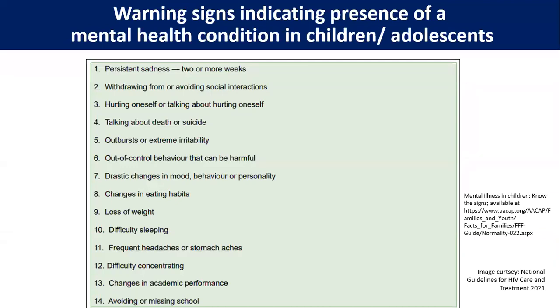Some of the warning signs that might indicate the presence of a mental health condition in children or adolescents are persistent sadness for 2 or more weeks, withdrawing from or avoiding social interactions, hurting oneself or talking about self-harm, talking about death or suicide, outbursts or extreme irritability, out-of-control behavior that can be harmful, drastic changes in mood, behavior, or personality, changes in eating habits, loss of weight, difficulty falling asleep or maintaining sleep, frequent headache or stomachache, difficulty concentrating, changes in academic performance, and avoiding or missing school on different pretexts.